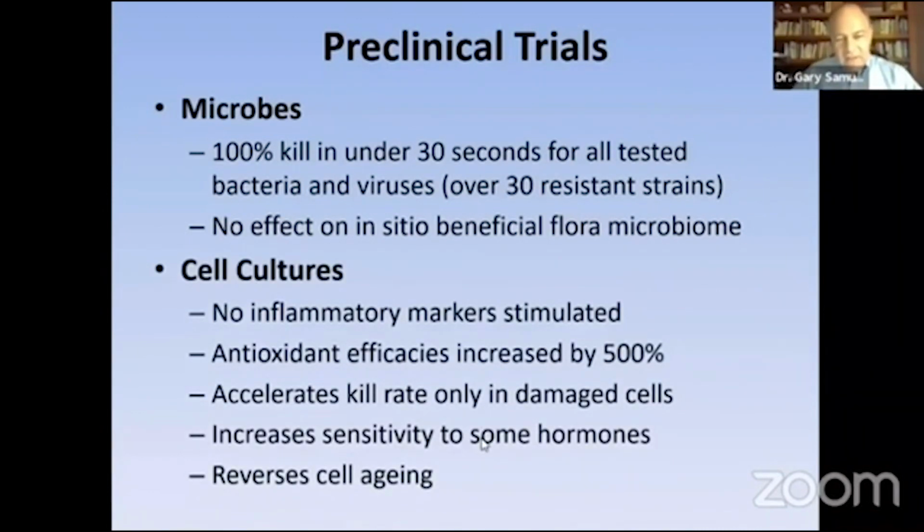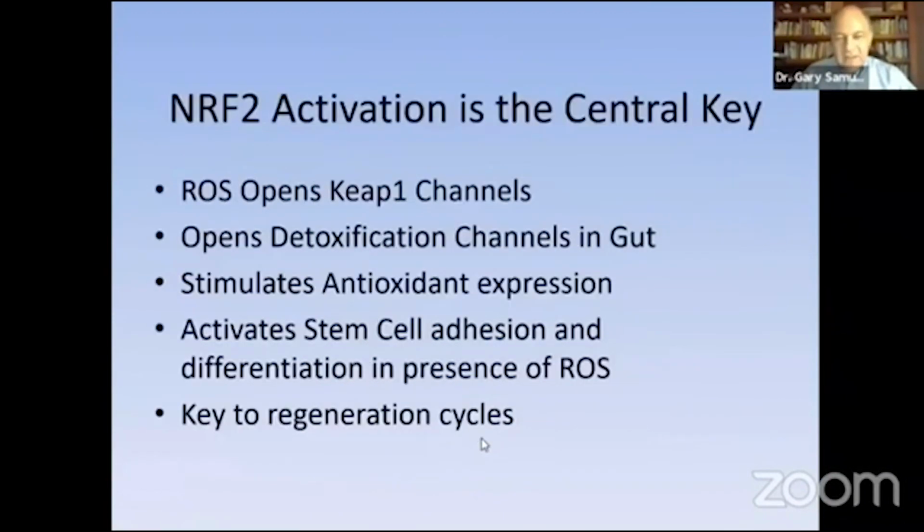Cell cultures, we found that it increased antioxidant efficacies, incredible amounts in cell cultures. It increased sensitivity to hormones. That's another one that we've proven out in the gene study. It reverses cell aging. Cells that were aging and unresponsive all of a sudden became responsive and new when we put it to see in these cell cultures.